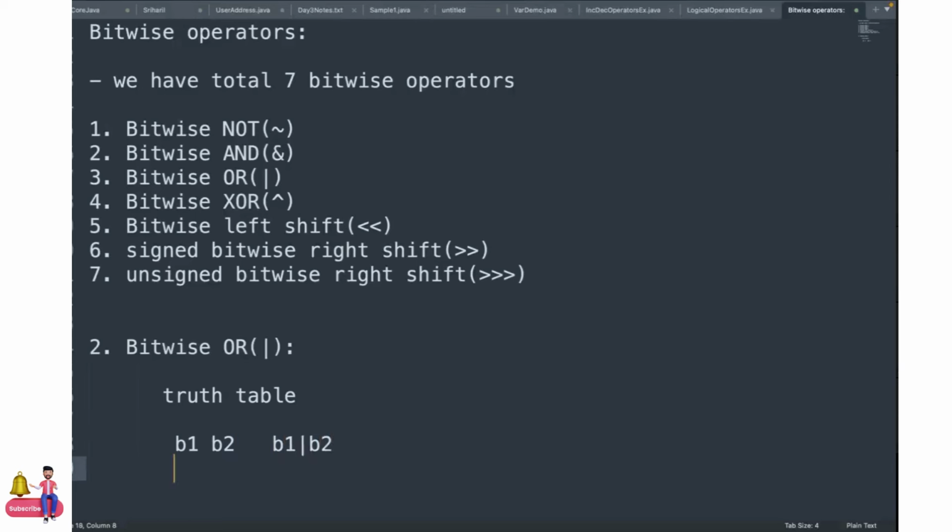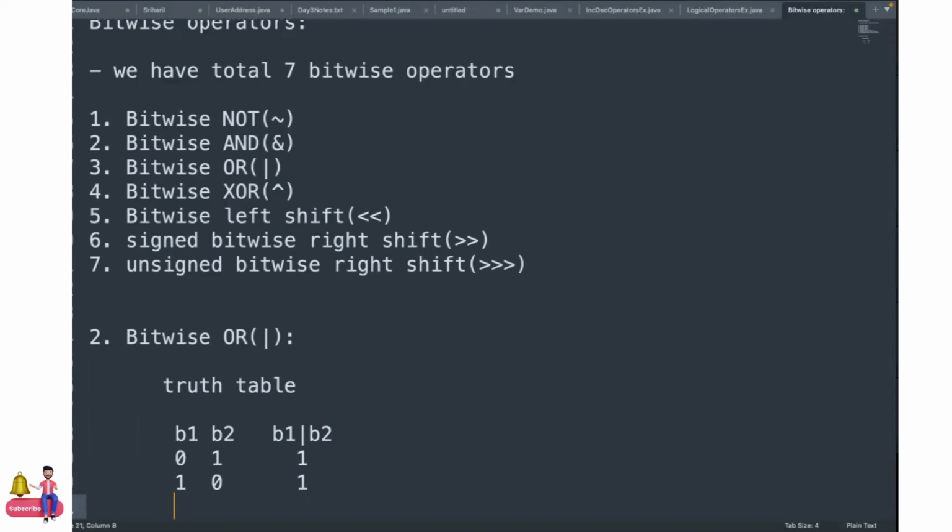So what is the result of the combination? Let's say bit 1 is 0 and bit 2 is 1. The result will be 1. If bit 1 is 1 and bit 2 is 0, then bit 1 or bit 2 is going to be 1 again.